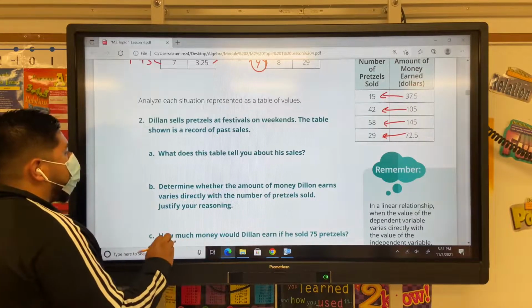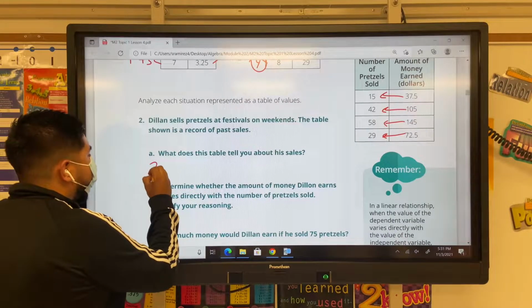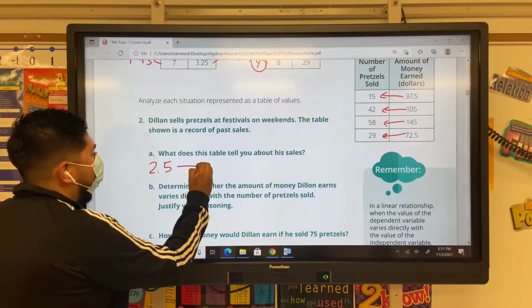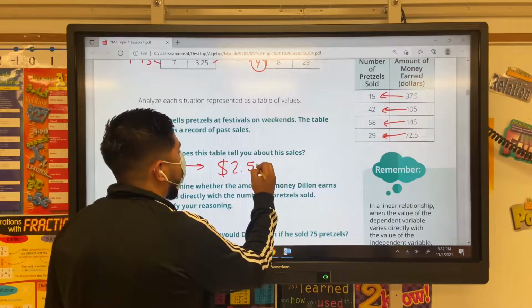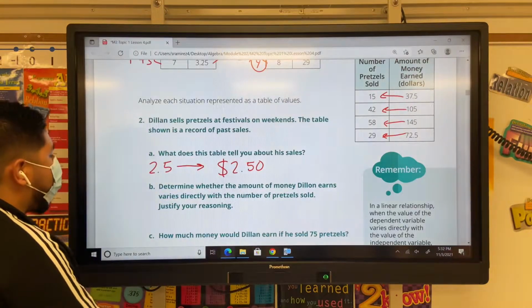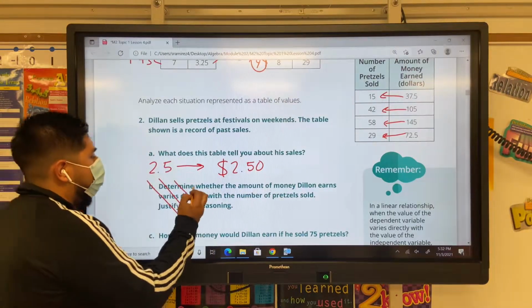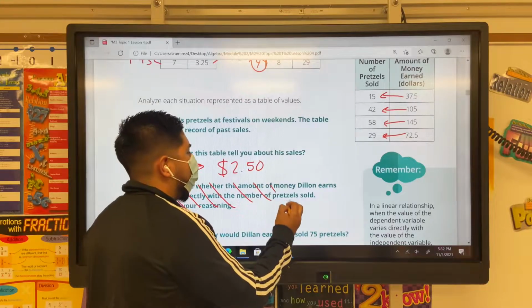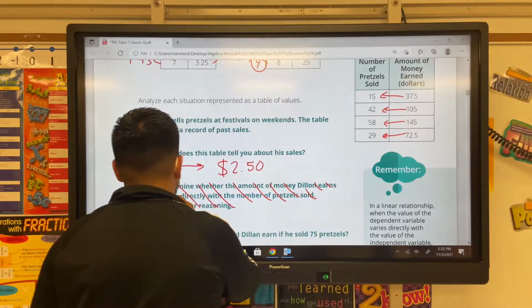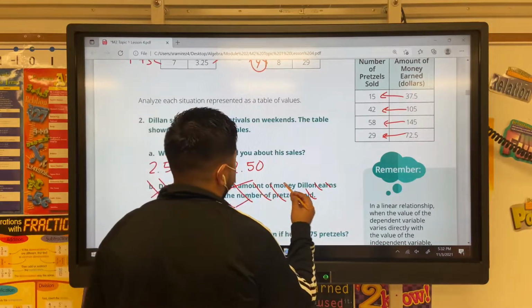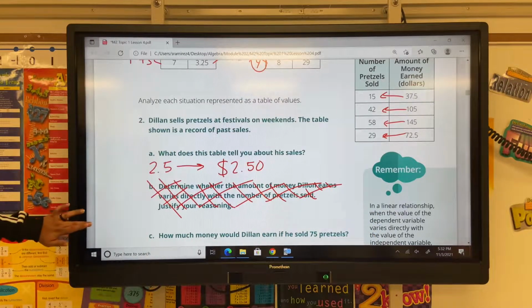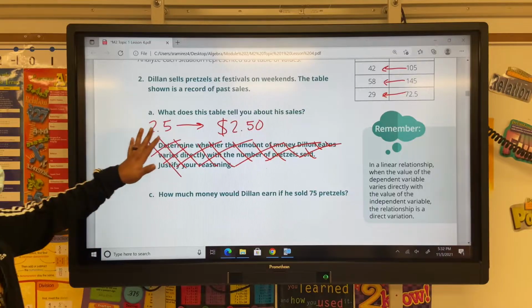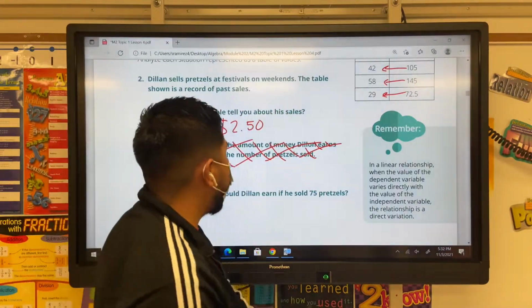Of course, that is 250, and you should know as money, this is $2.50. We're not going to do B just because we want to make sure we just continue with what we need to know. Don't want to complicate our lives. Now we found out each pretzel is $2.50.